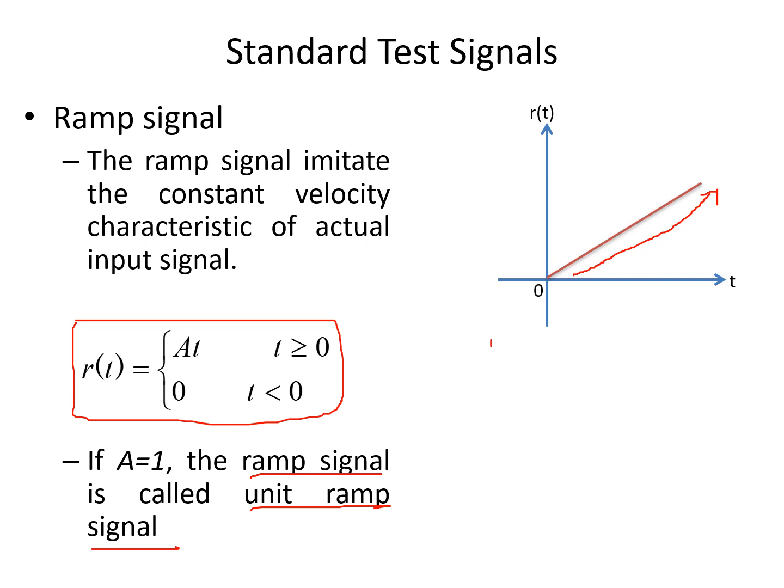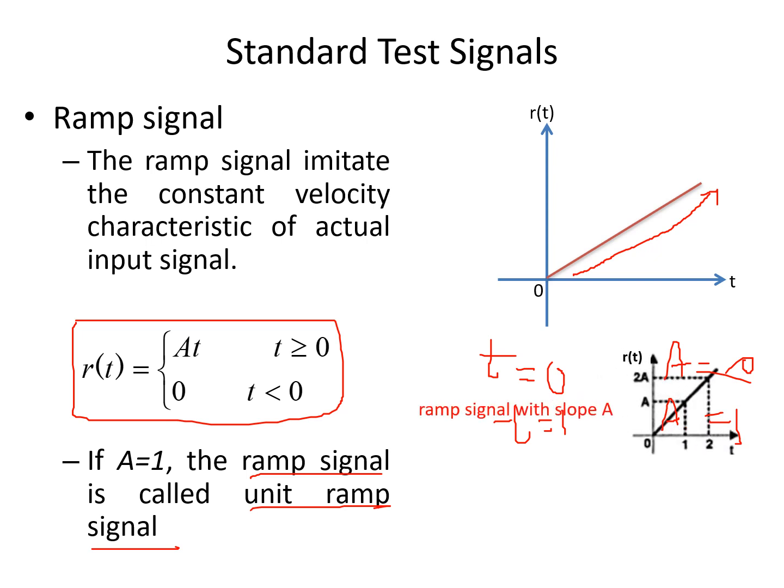That means whatever your t value is, that itself is the amplitude. For example, if t is equal to 0, your amplitude is also 0. You can observe here. If t equal to 1, it takes the amplitude as equal to 1, and it goes like this. So this is called your unit ramp signal, which is another standard test signal which we have.